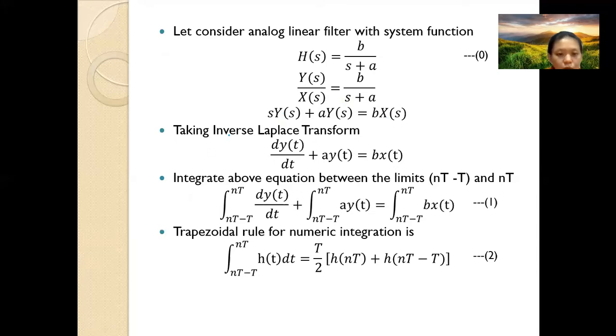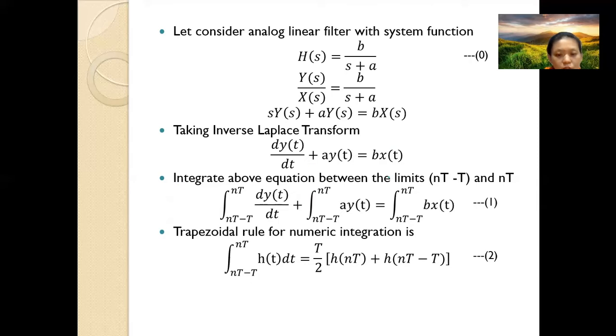After that, we take the inverse Laplace transform. When we inverse sY(s), we will get the differentiation dy(t) divided by dt. Then a is a coefficient, so we will have a y(t), and coefficient b, x(t).